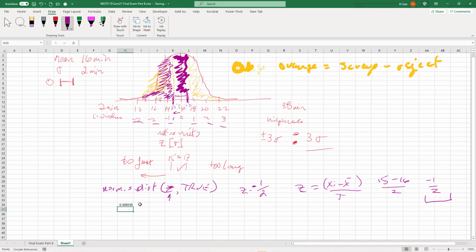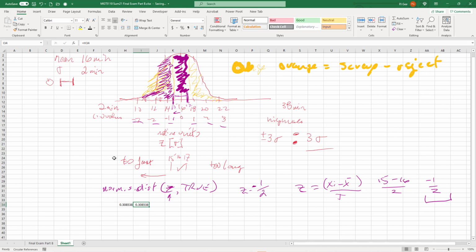So at a z of minus 0.5, we get 30 point something. I'll turn it into a percentage. We can either say the probability is 0.3, or the percentage is this, and usually I like to add at least one decimal place, because it's rounding and it's a little bit not precise enough.